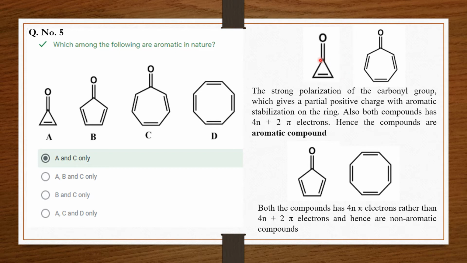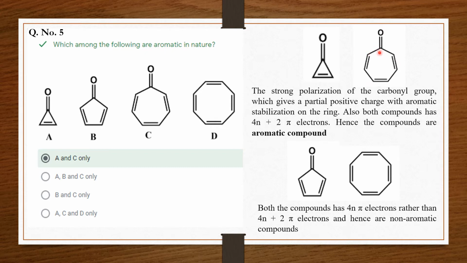If we talk about delocalization, the carbonyl carbon carries a positive charge because of the electronegativity difference between carbon and oxygen, which makes oxygen negative and carbon positive, and hence delocalization is possible here. In a similar way, delocalization is also possible for this compound due to the positive charge on this carbon.